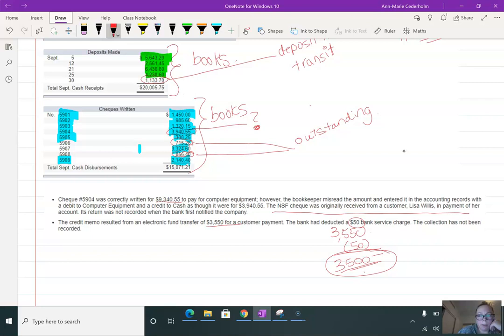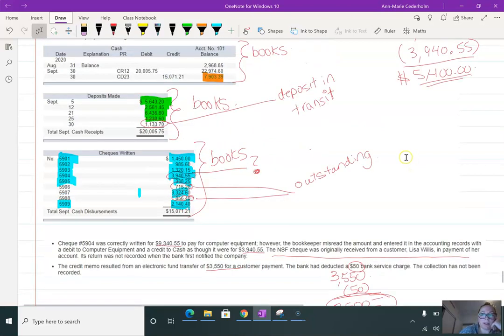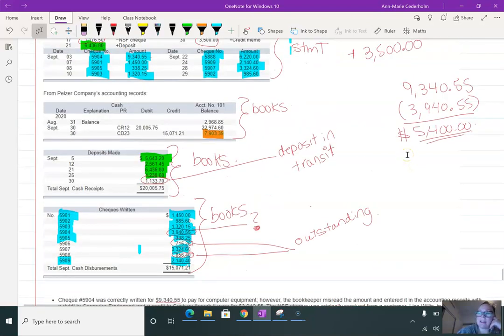However, the bookkeeper misread the amount and entered into the accounting records with a debit to computer equipment and a credit to cash as though it were for 3940.55. So the bookkeeper actually under-recorded that. So we need to make this adjustment as a negative. We need to subtract another $5,400 from our bank balance in order to make it the 9340.55.